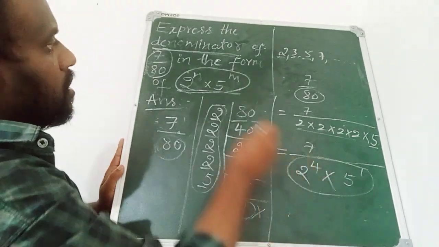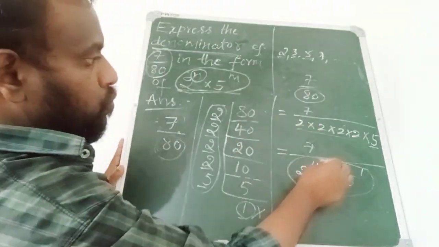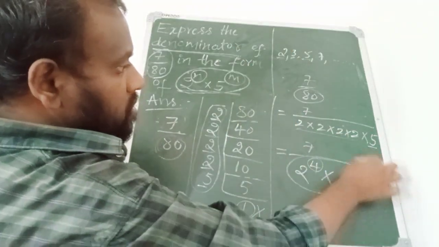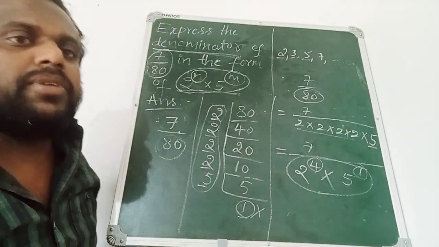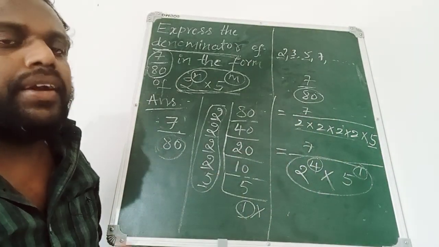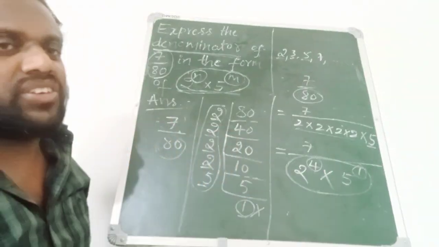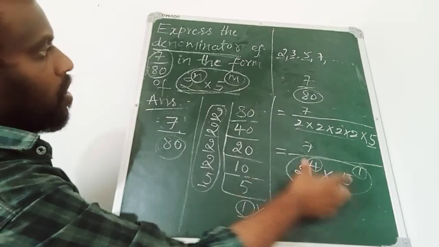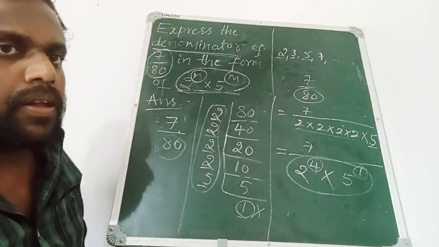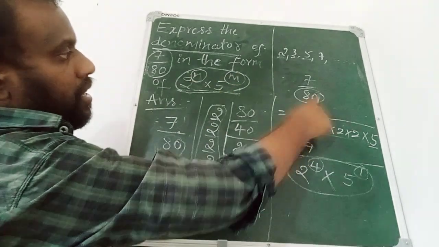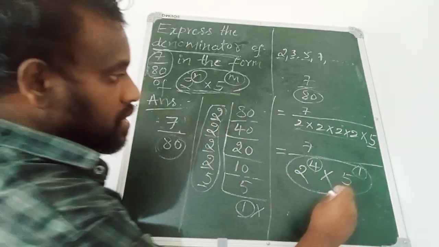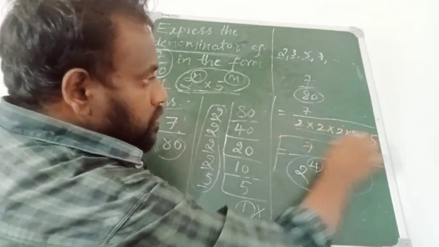Here you can see, in place of n we have 4, and in place of m we have 1. That means we are done with the answer. The problem is solved. We have expressed 80 in the form of this, so this is the answer.